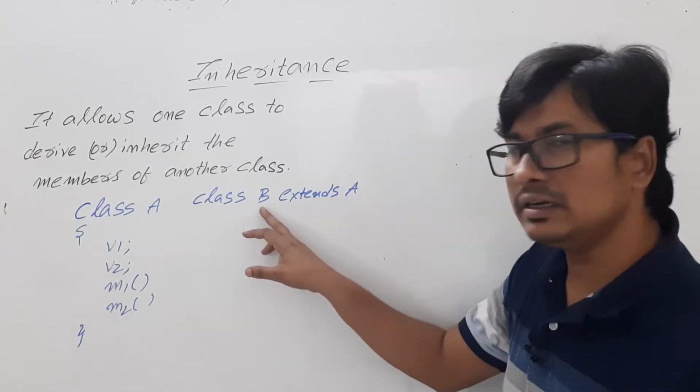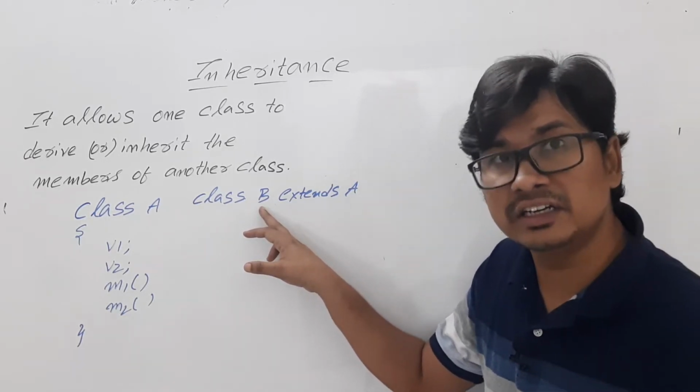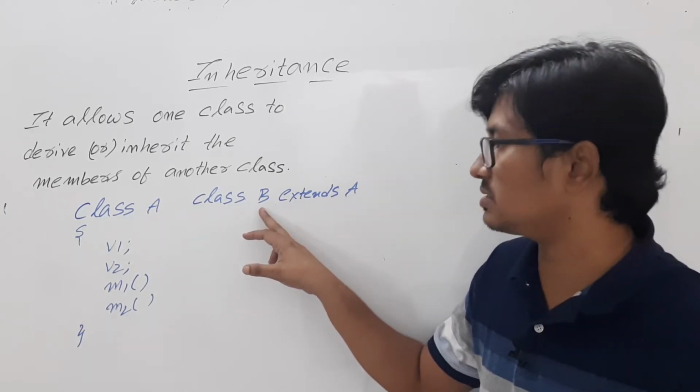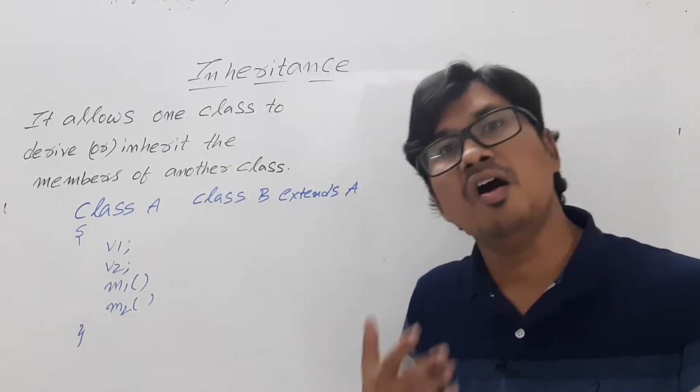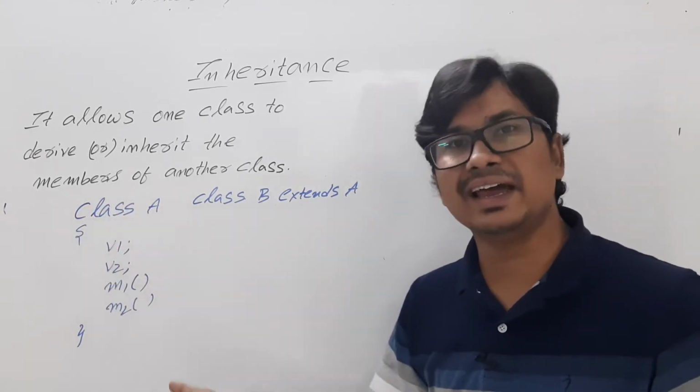Now here class B is deriving or inheriting the properties or the features or the members. The members include the variables and methods.